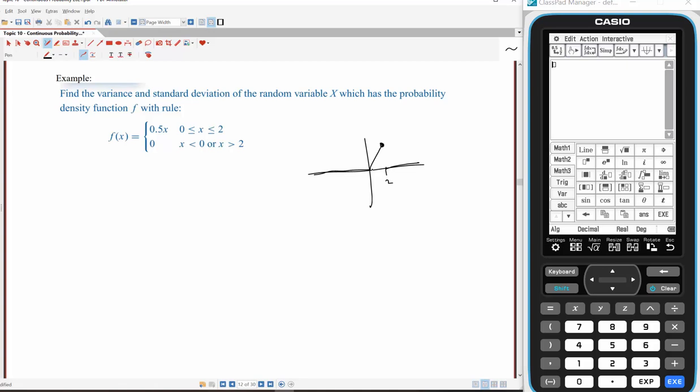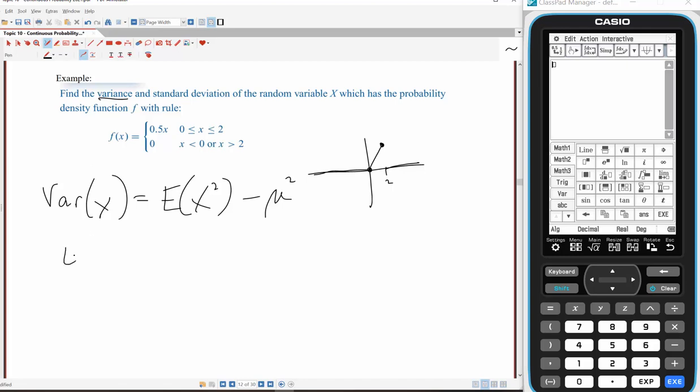The variance of the random variable is found by doing E of X squared take away mu squared. So essentially we need to find the expected value first of all, and then we need to find the expected value where the random variable is squared.